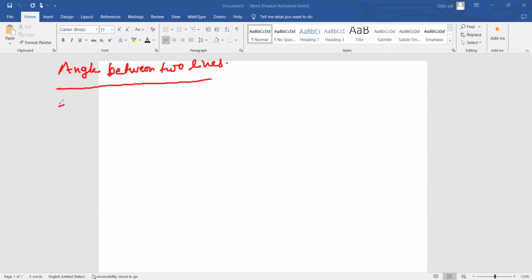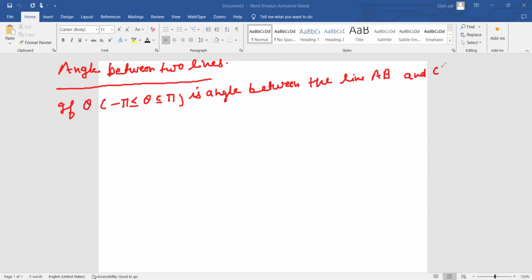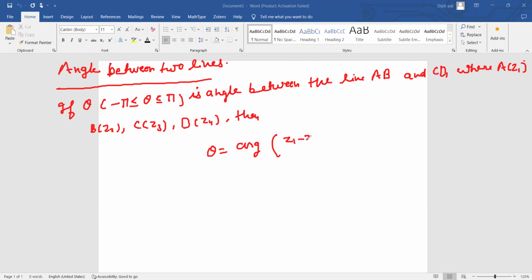Now the angle between two lines. The angle theta lies between minus pi and pi. The angle between the lines AB and CD, where A is Z1, B is Z2, C is Z3, D is Z4, then theta will be the argument of (Z1 minus Z2) upon (Z3 minus Z4).